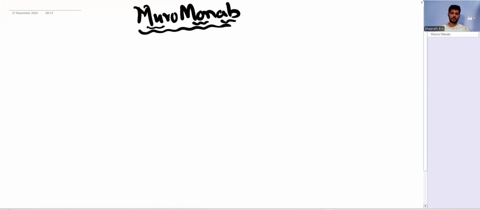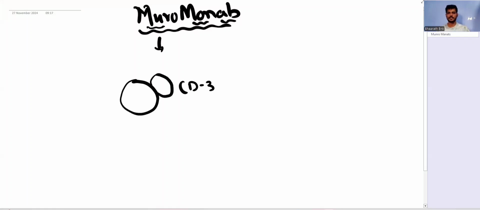Now, what muromonab does is, as I told you, there is a T cell. This T cell has a receptor which is called CD3. It is a cell surface marker of a T cell. Now this CD3 receptor has many chains, out of which one chain is an epsilon chain.